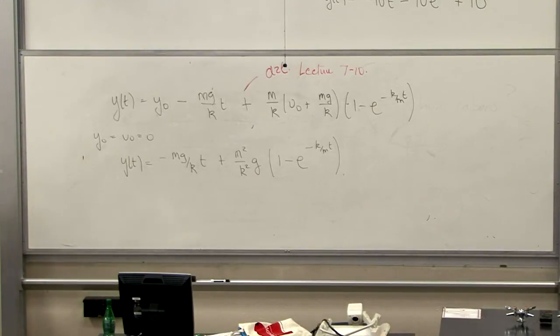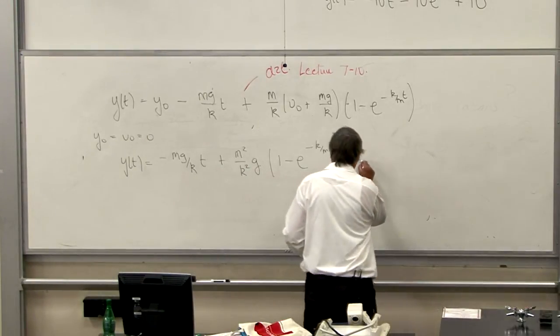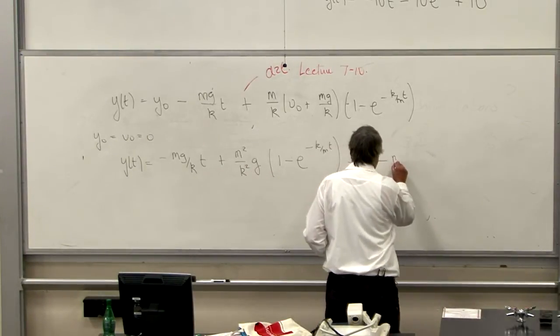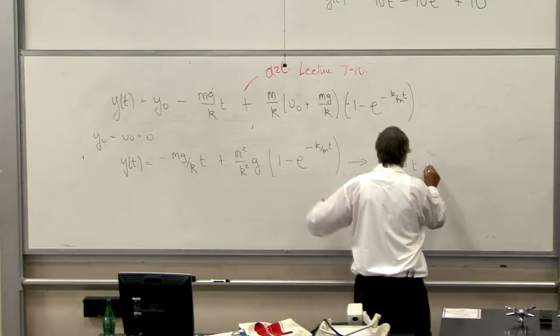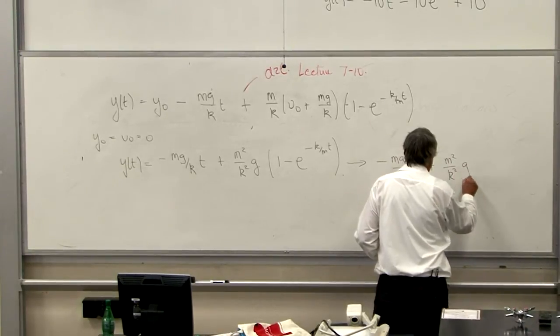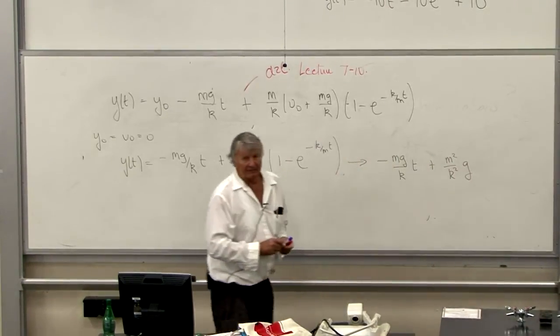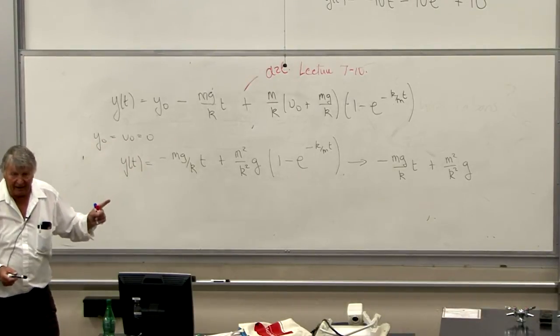Now this is interesting, because after a long time, this thing tends to minus mg over k t plus m squared over k squared g. So it tends to a straight line.